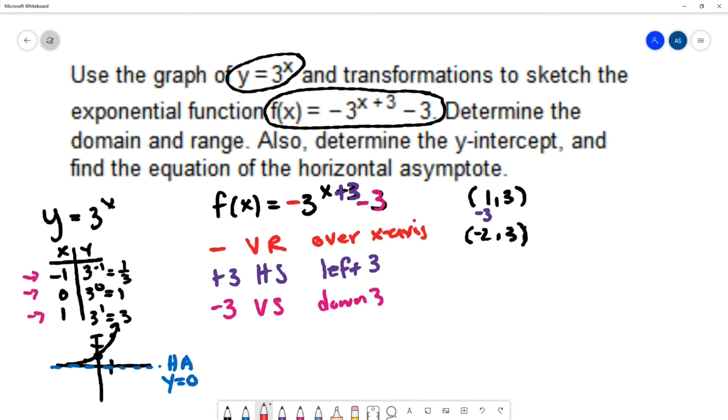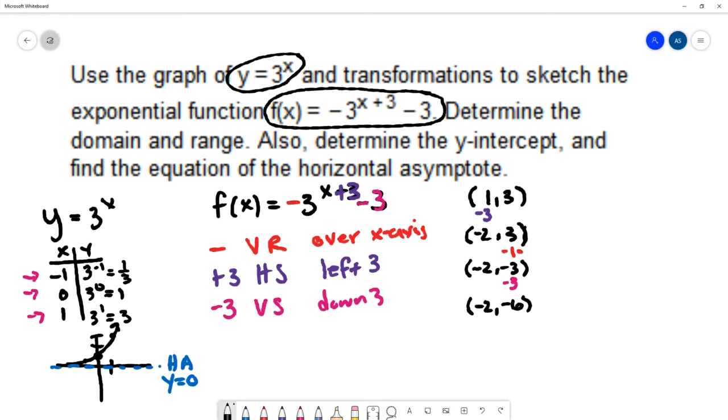So for our reflection, we multiply a negative 1 onto our y-coordinate. So that's going to become negative 2, negative 3. And then finally, we're going to shift down 3. That's going to affect our y-coordinate by subtracting 3. So that becomes negative 2, negative 6. So those 3 transformations moved our point from 1, 3 to negative 2, negative 6.